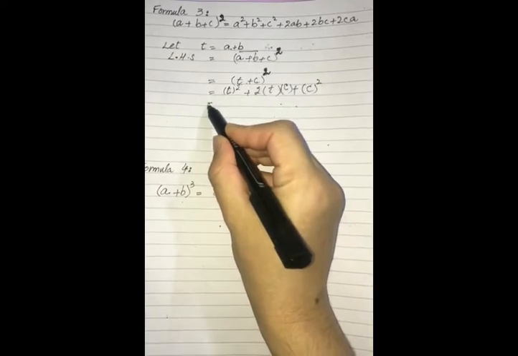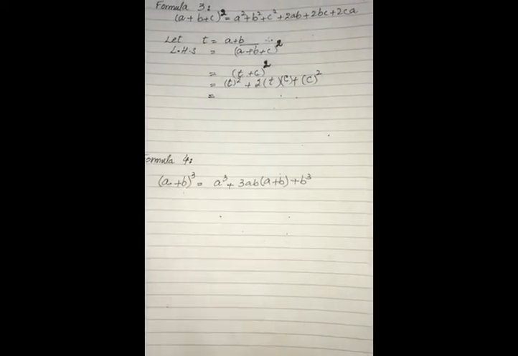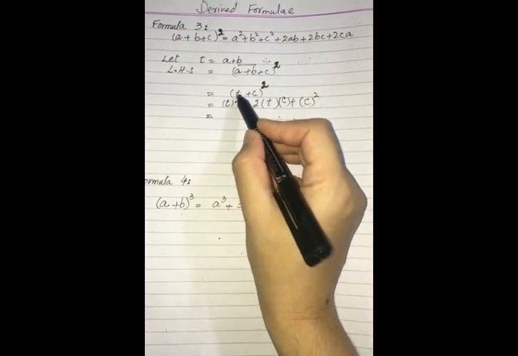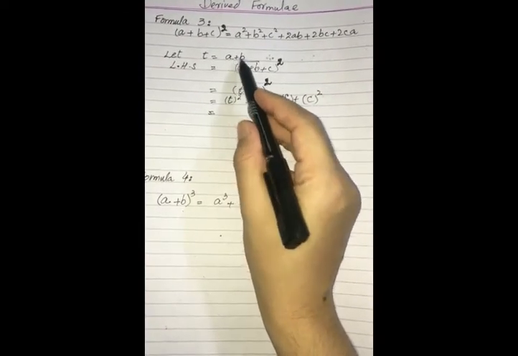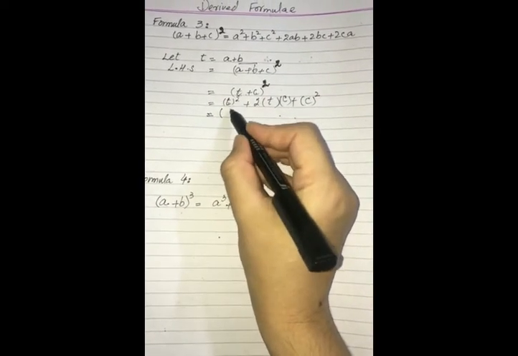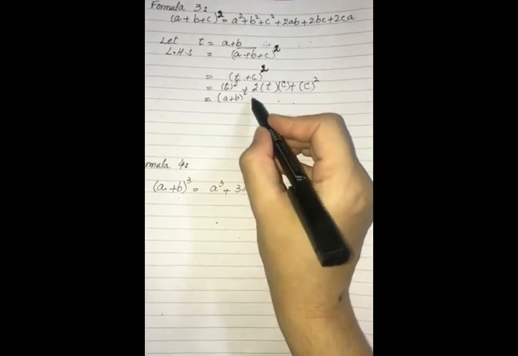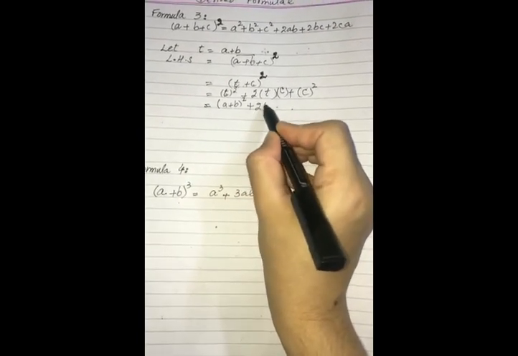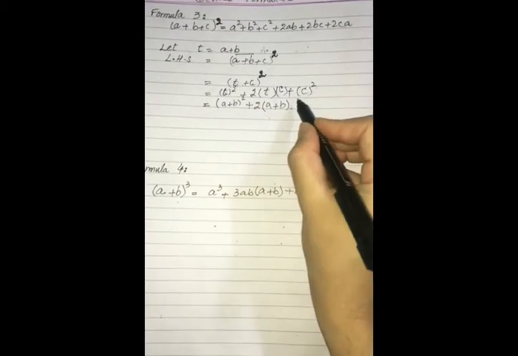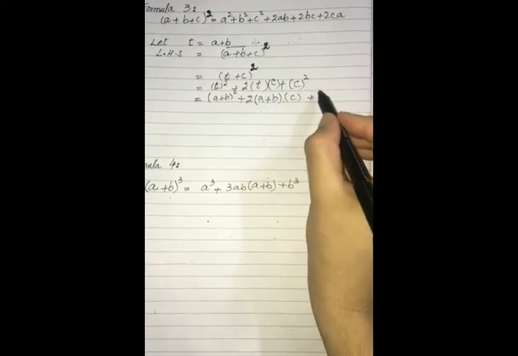The next step is to expand it. Before that, resubstitute the value of t with a + b. The value of t is a + b. It would be (a + b) whole square + 2 into t, that is a + b, into c as it is, + c square.